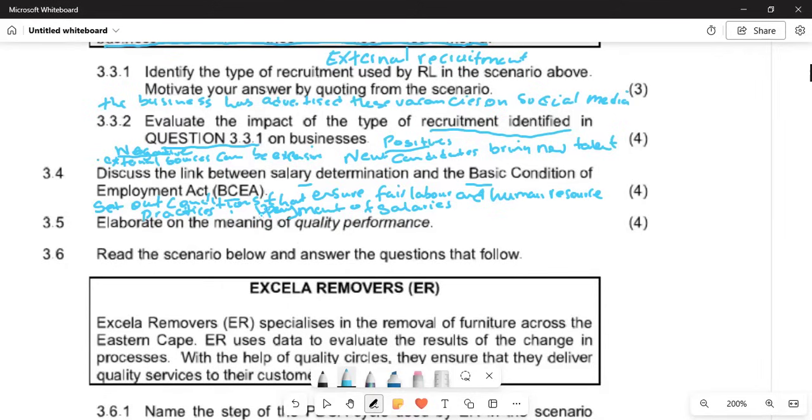So that is how you are to answer this question. But there are so many points that we can mention there. Also, we can talk about businesses being supposed to deduct income tax, pay as you earn, from employees' taxable salaries.